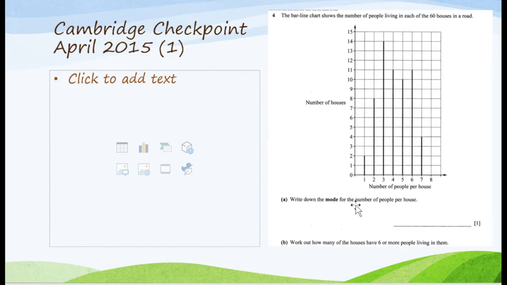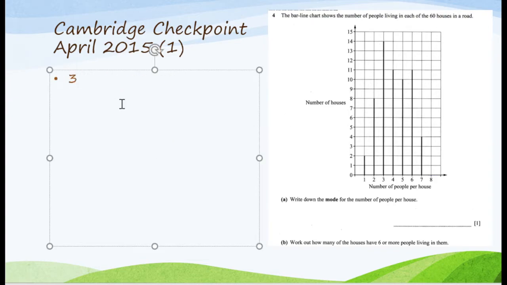The most for numbers of people per house. It means from all the numbers here, which one has the most number of houses? It will be the 3. The 3 is the highest. So the mode is 3.